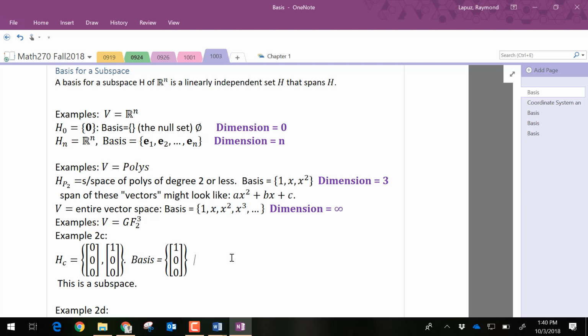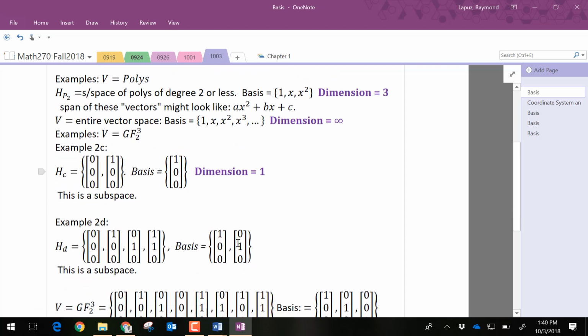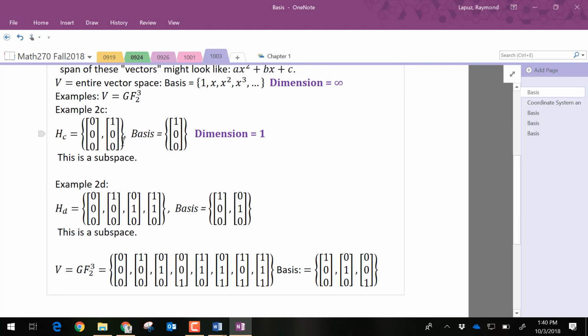For polynomials, it doesn't really mean very much. But when we're talking about Rn, I think it would have a more meaningful meaning for us. Our first example, or example 2c, the basis turned out to be just one vector, so that's a one-dimensional example.